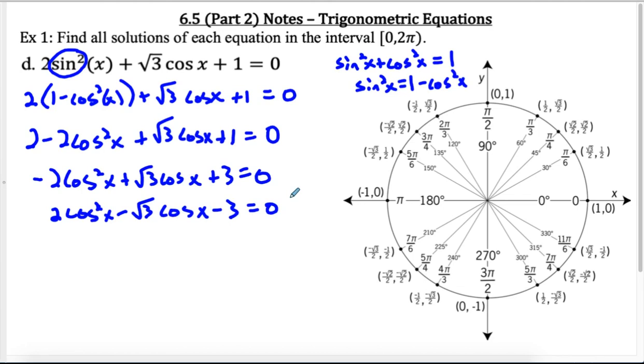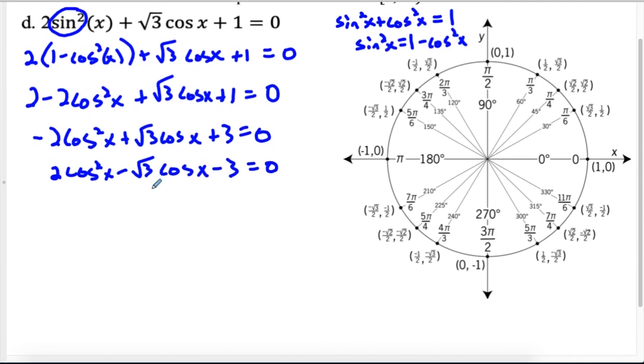So now we would want to solve this quadratic. We could try to factor, but my b value is a square root. That's going to be really difficult, if not impossible, to actually factor. So our other foolproof way of solving a quadratic is to use the quadratic formula. We can do that in this case.